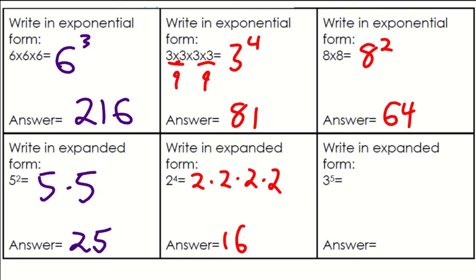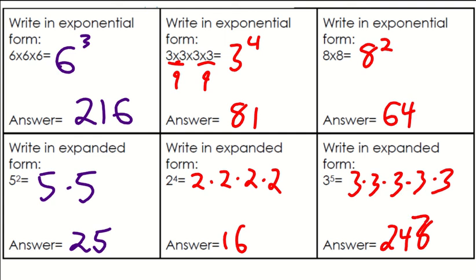Up, we got the 3's. 3 times 3 times 3 times 3 times 3. 243. You said 3, I don't know why I wrote 8. 243 is the correct one there. Okay?